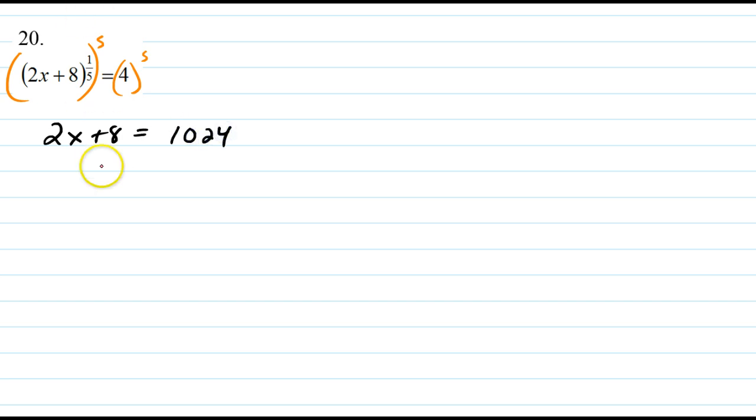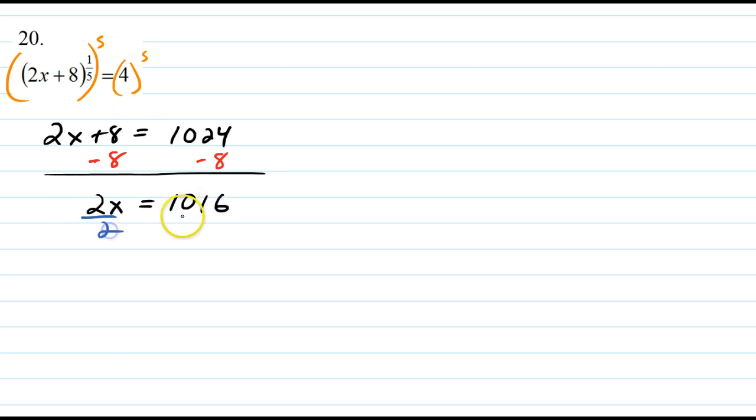Now we just solve it. So we get 2x equals 1016 divided by 2. And we end up with x equals 508.